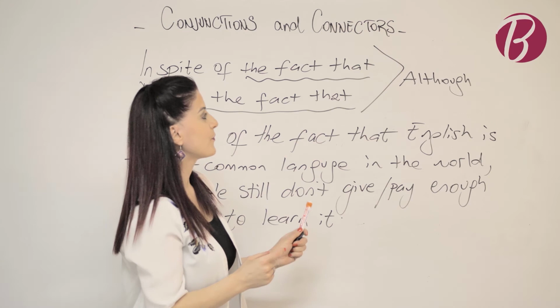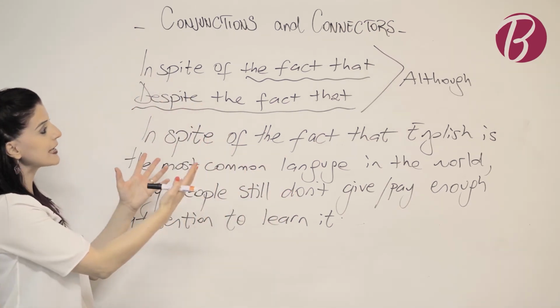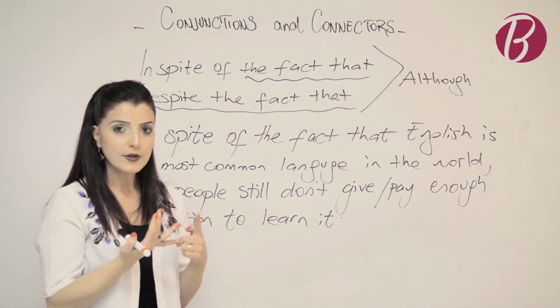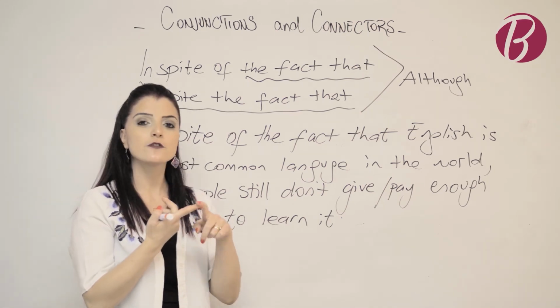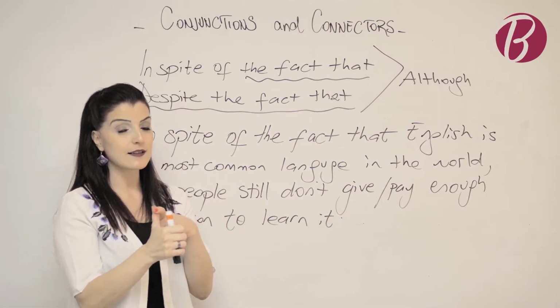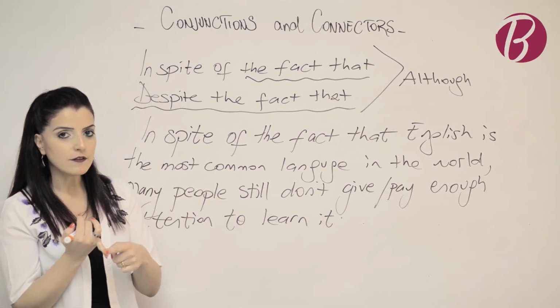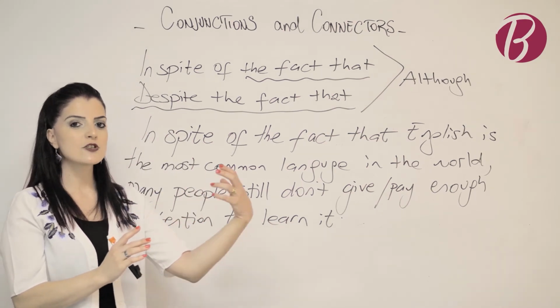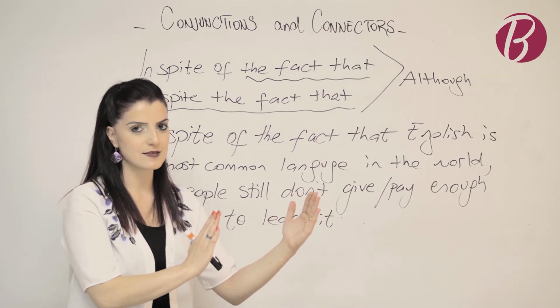In English, while using conjunctions in order to give contrast meaning, although and even though can be used. In spite of the fact that and despite the fact that can be used with a sentence. In spite of and despite can be used with gerund or noun, not with a complete sentence.